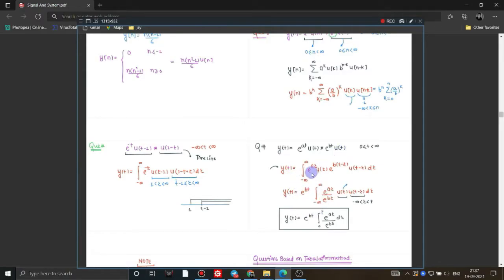It will be way easier. So we directly apply the formula here. It is in the time domain, and the resultant range is also from 0 to infinity.